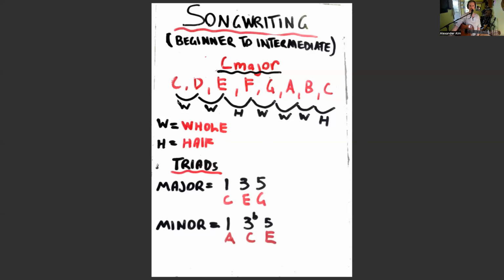So we're taking the first note, the third note, and the 5th note of C major and putting them together to make C major. If I was to play those notes individually, C, E, and G, and putting those together, you get C major.